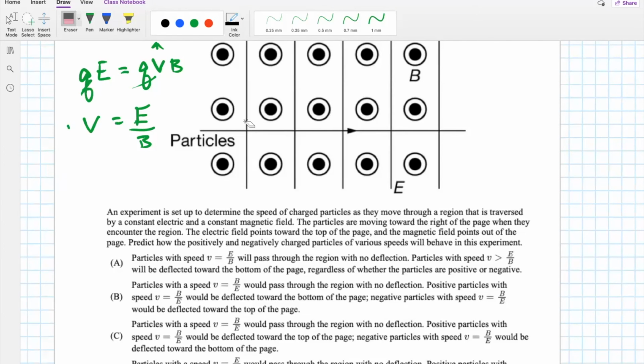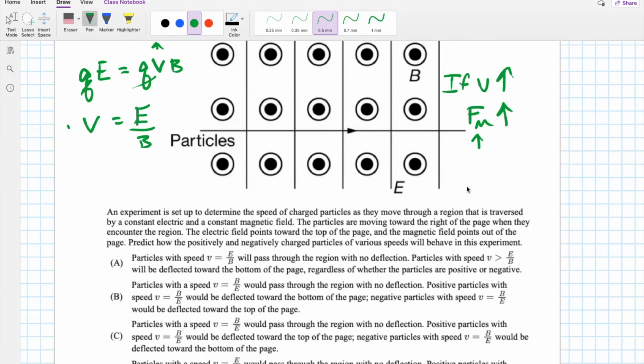So if the velocity is bigger, so if V increases, the magnetic force is going to increase, and therefore there will be deflection in the direction of that. So let's determine the magnetic force if it's a positive particle. Point your finger along to the right for V. The magnetic force points out of the board, which is our middle finger, and then our thumb points down.